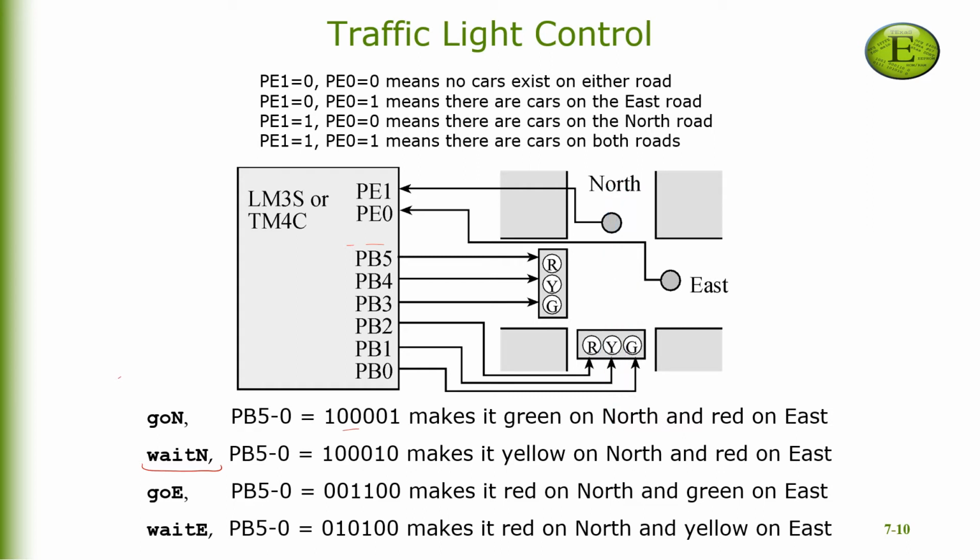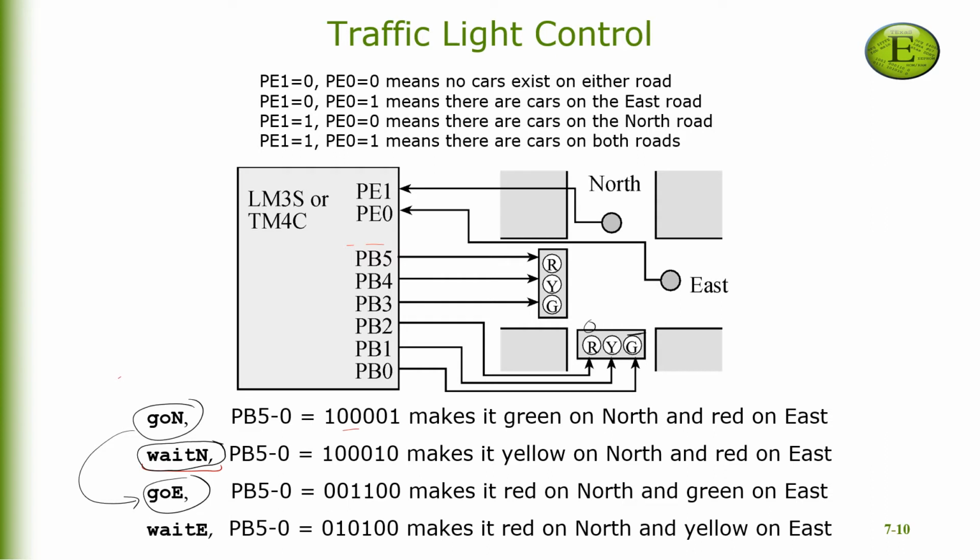But that cannot occur instantaneously. If there was a traffic in the north direction, that this bit must be 0, the yellow must be 0, red must be 0. So if we want to make a transition from let's say go north to go east, this transition cannot occur instantaneously. There must be an intermediate stage, or that is actually this wait N.